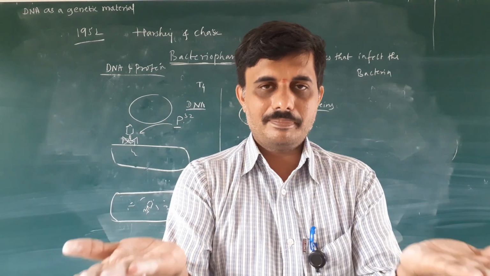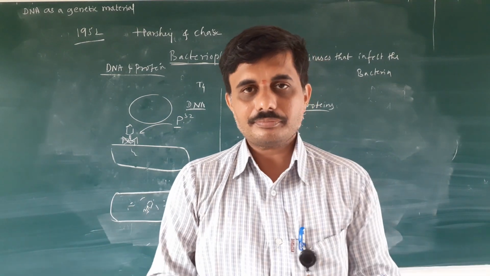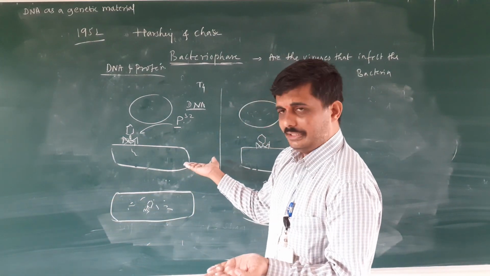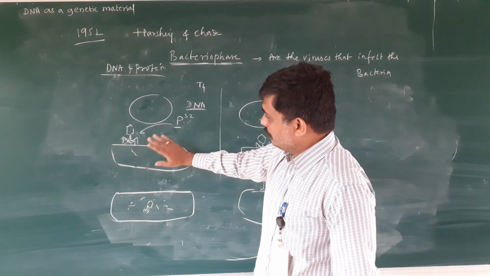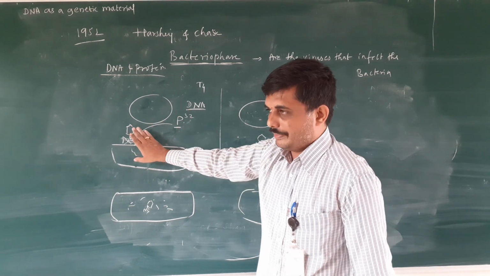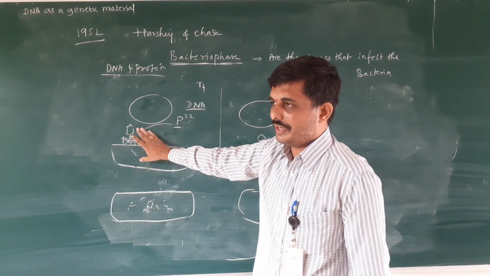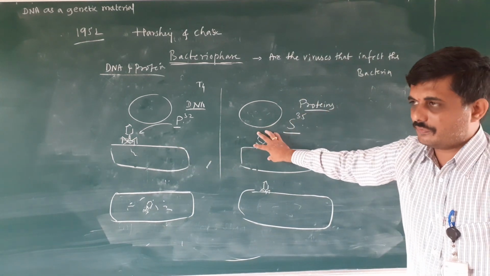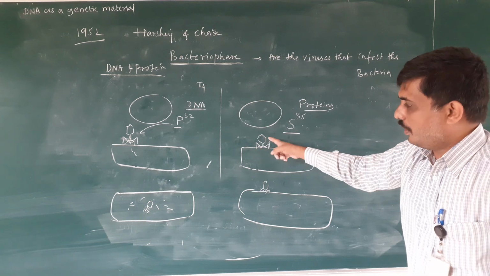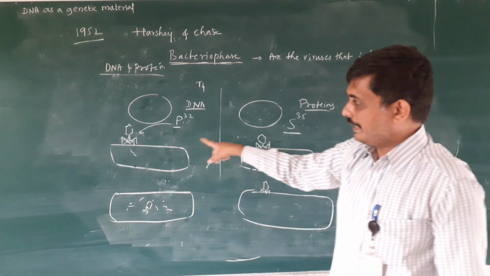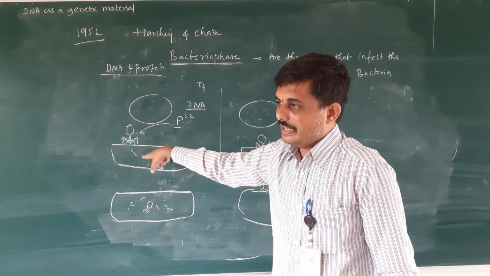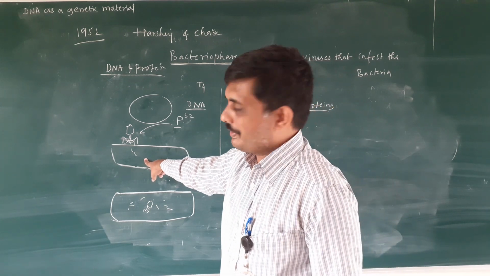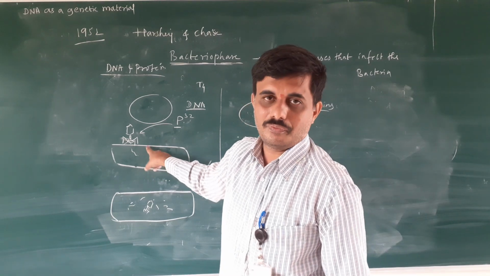When they infected the bacteria, or E. coli, and did the blending experiment, they found that only the phosphorus-containing bacteriophages showed radioactivity inside the bacteria, whereas the sulfur-containing bacteriophages showed radioactivity outside the bacteria, indicating that the DNA enters into the bacterial cell and is responsible for the infection.